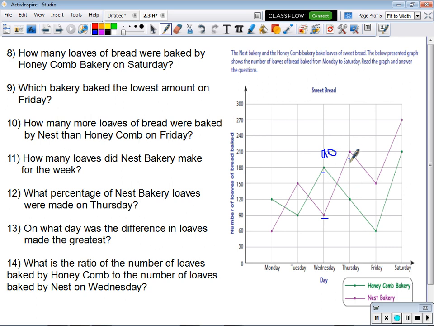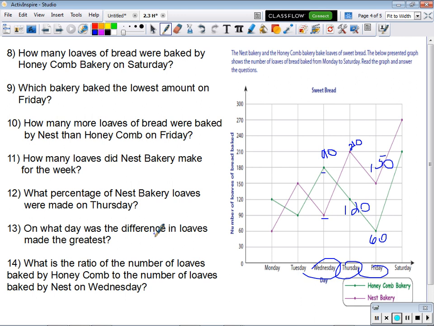On Thursday, they have here 210 for Nest Bakery, and then for the Honeycomb Bakery, they made 120, which is also a difference of 90. And then if you look also at Friday, they have 150 for Nest, you have 60 for Honeycomb, which is also a difference of 90. So when it says on what day was the difference in the loaves the greatest, well, it could be any day, Wednesday, Thursday, or Friday, all had the same difference that was each equal to 90, and none of the other days had a bigger difference than that. So your answer is basically all three of those days for number 13.